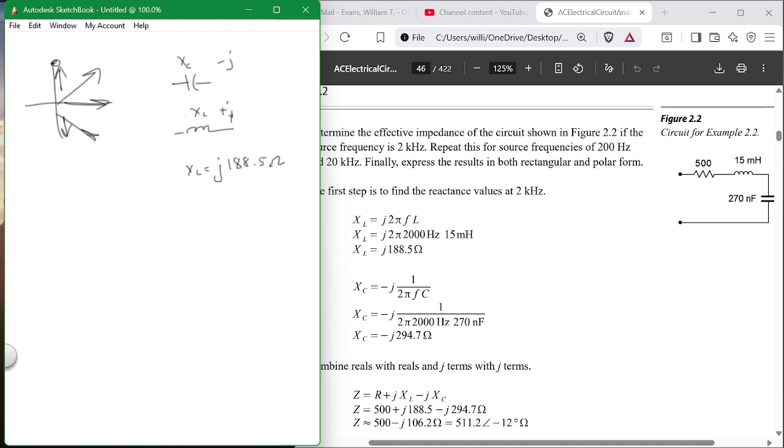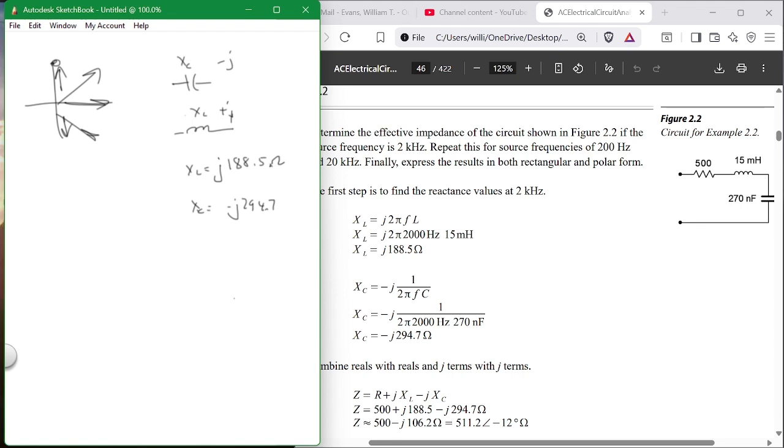Nano, 9, micro, minus 6. Okay? Milli, minus 3. So it is 270 nanofarads for the X sub C. So the X sub C is minus J 294.7.